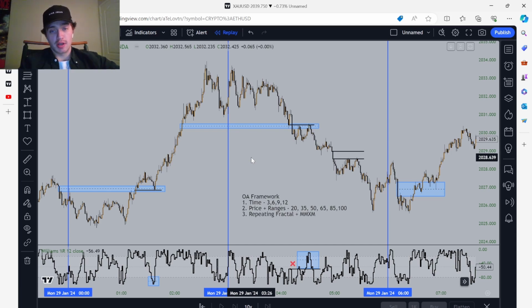It's a good framework to hunt that SMT and the high and low of the week, so we can get in on the lower time frames and pick up some setups. The last time of day that we're going to want to focus on is 12 o'clock.